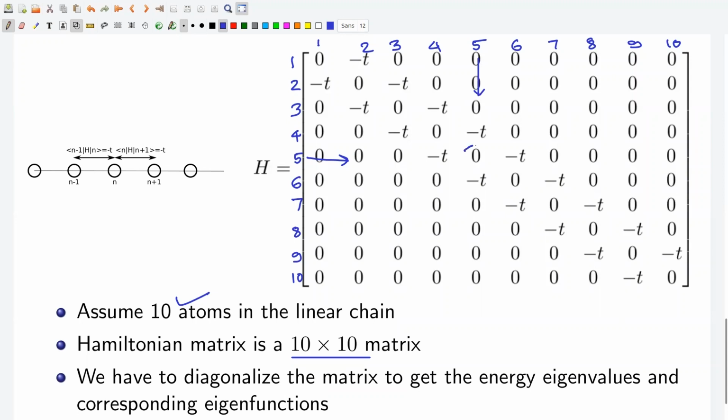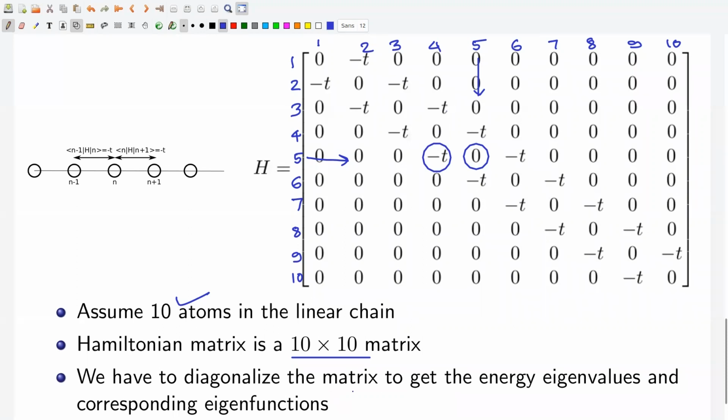This is the location of the fifth atom in the matrix. Atomic orbital of the fifth atom overlaps with the atomic orbital of the fourth atom. That is why this term is non-zero.